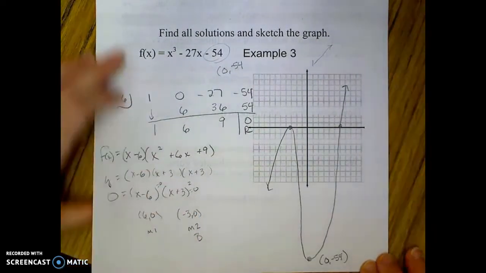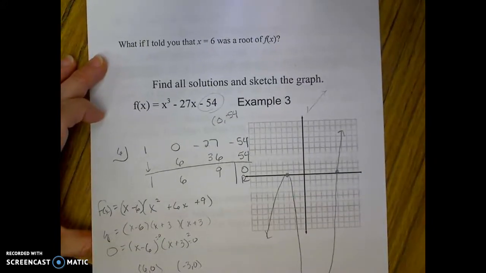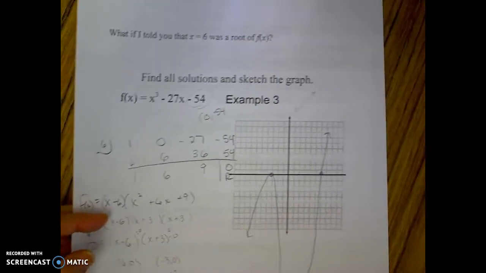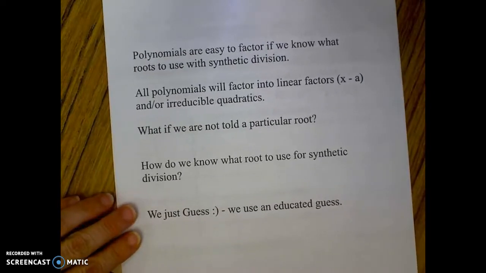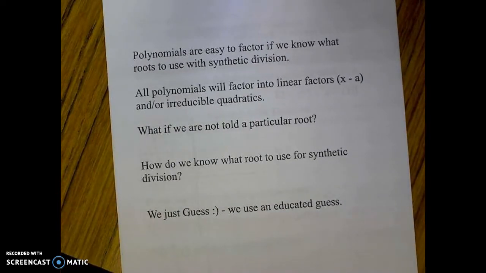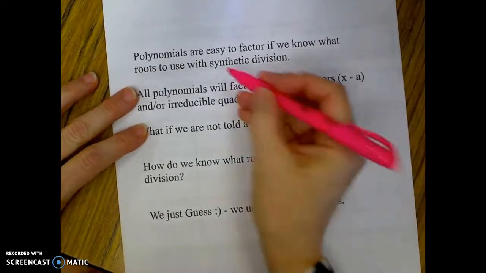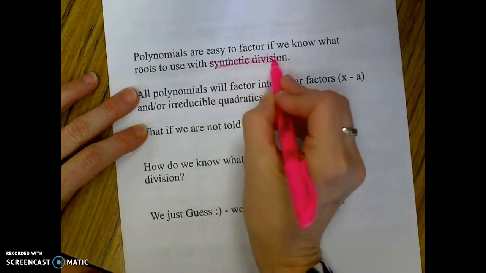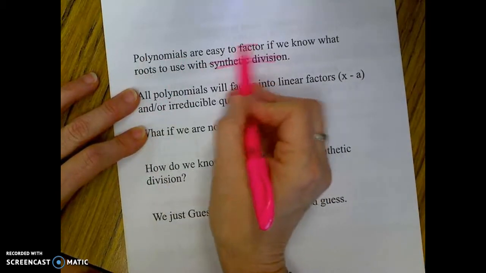Again, in this case, they gave me the root. They told me that x equals 6 was a root. What we need to do is decide how we can find roots. So if you look on in your notes, there's a few little facts you need to know. It tells you that polynomials are easy to factor with synthetic division. That's what we're doing, we're using synthetic division to factor.